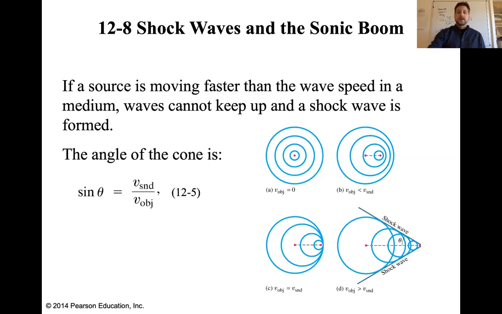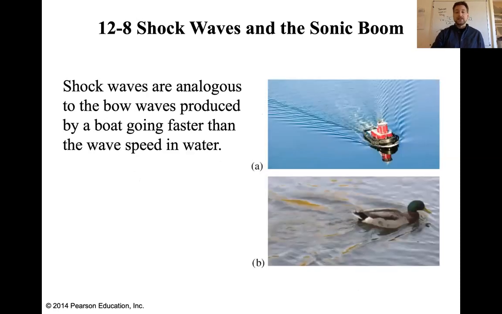And the shock wave, we call it. And the angle that it makes is given by the ratio of the speed of sound in whatever medium it is we're talking about and the speed of the source. You could think of this kind of like the wake made by a boat in water.